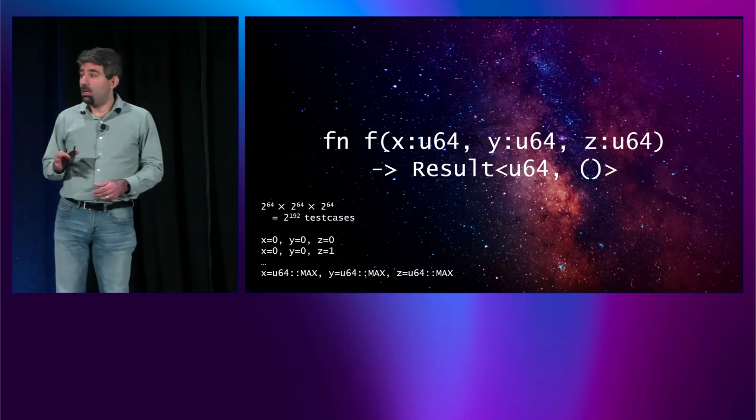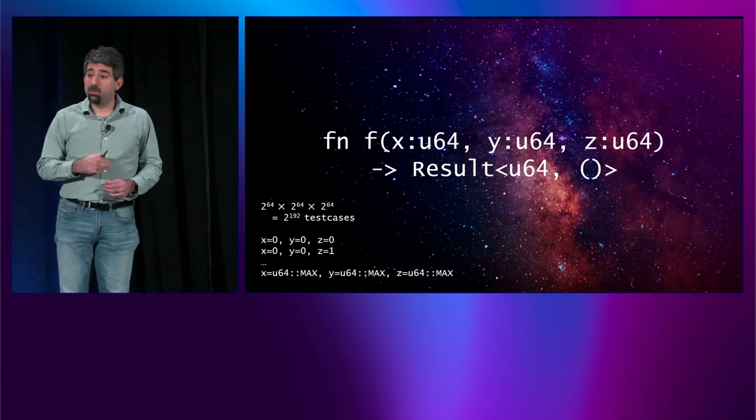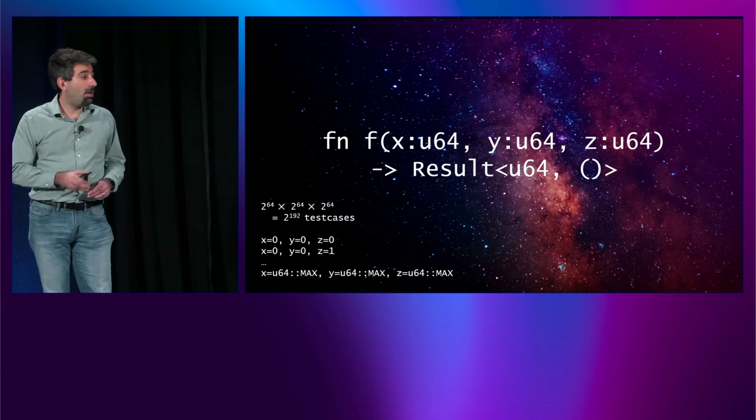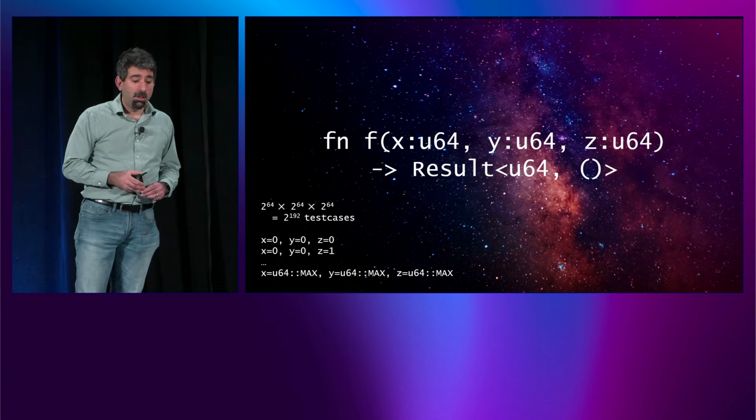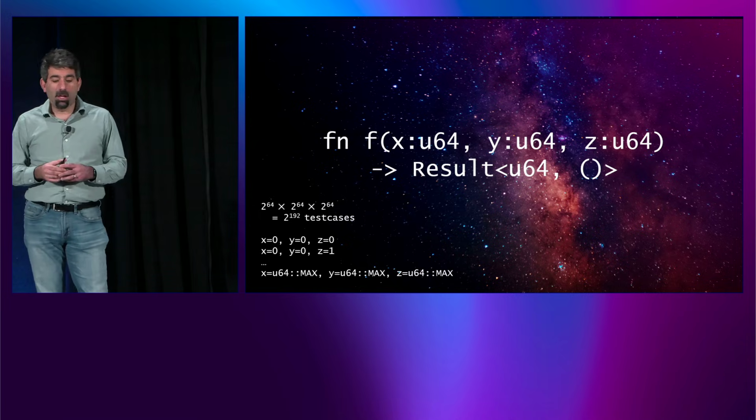Even if you had a processor that could evaluate the result of this function 1 billion times a second, and you had 1 billion such processors, to exhaustively test this simple 3-input function would take more time than the age of the universe.